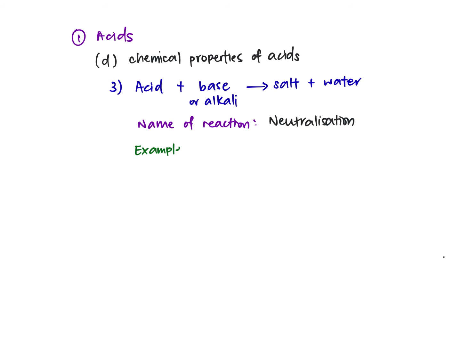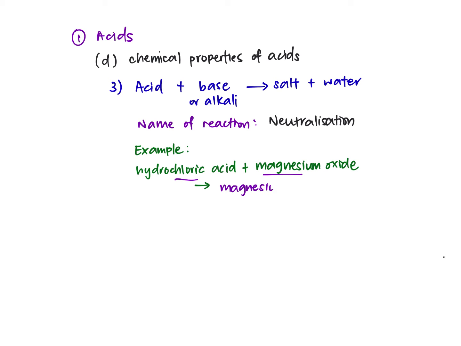Example: hydrochloric acid reacting with magnesium oxide. This will give magnesium chloride salt and water.